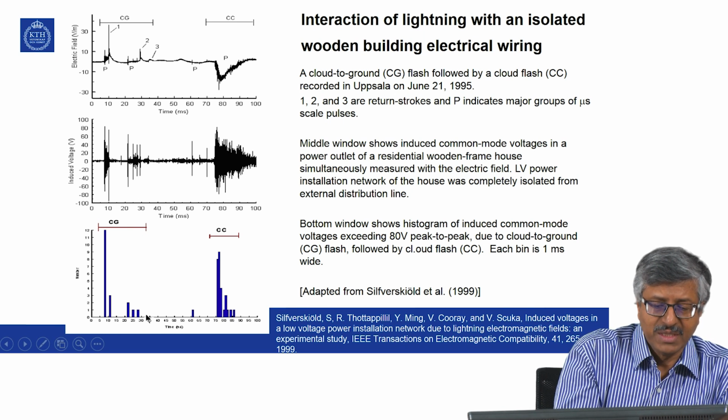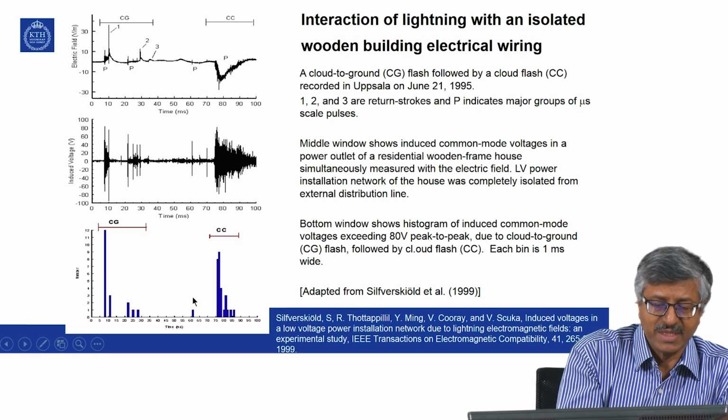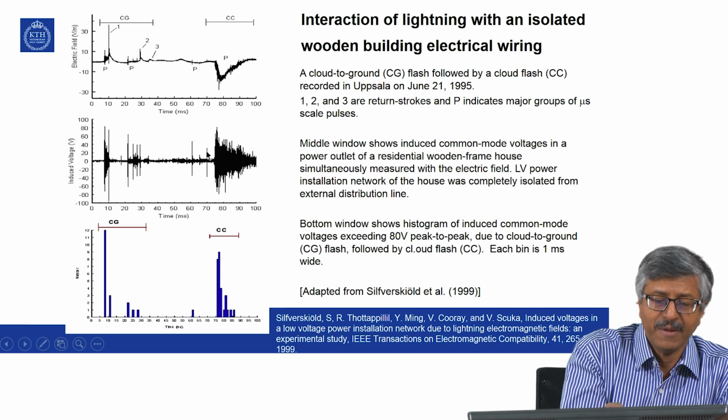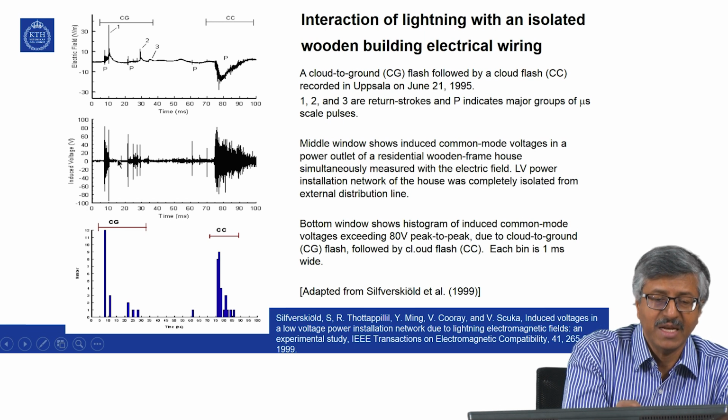So, likewise you can follow how intensively induced voltages are there from this graph, and this shows the actual waveshape of the induced voltages on a millisecond scale. For finding the details, one has to look at a microsecond scale.